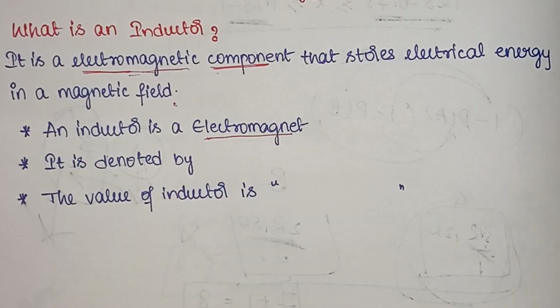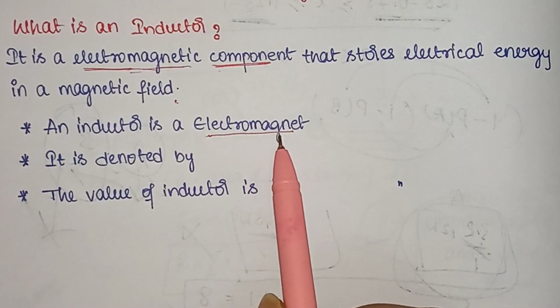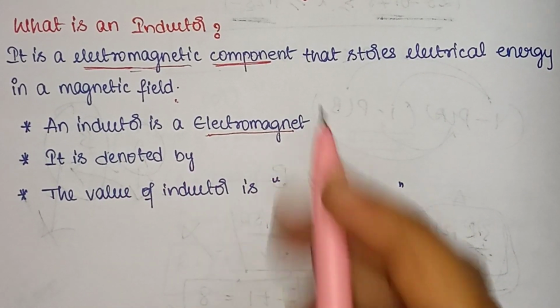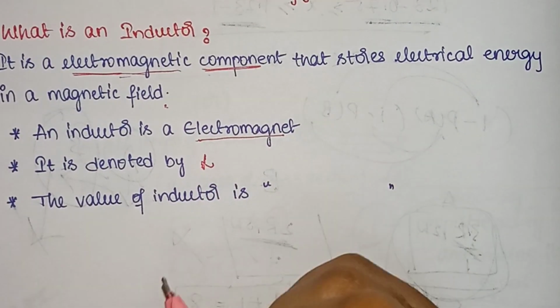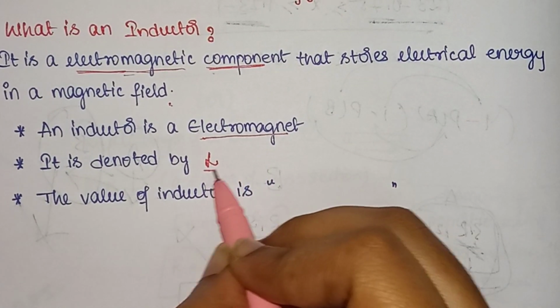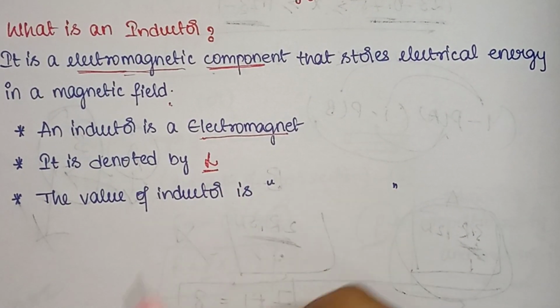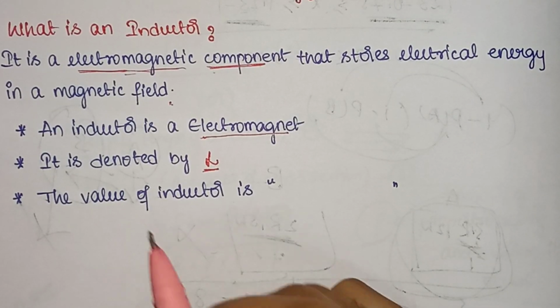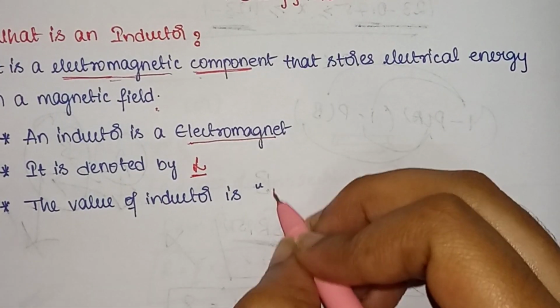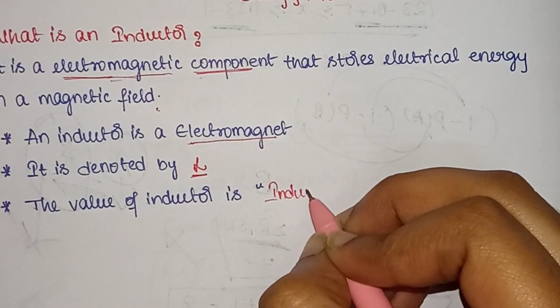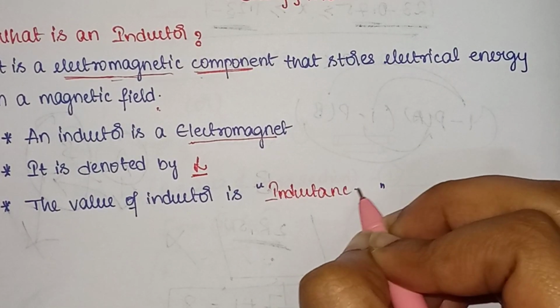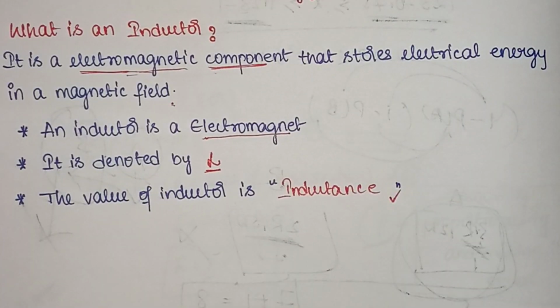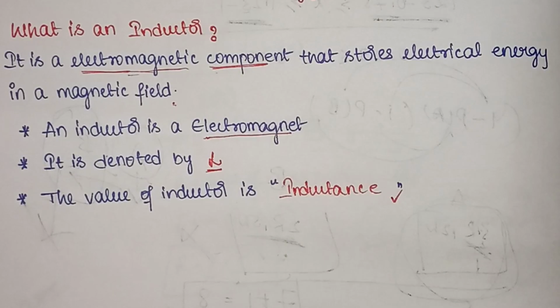And see here, an inductor is an electromagnet and it is denoted by letter L. This denotes inductance, or it can also be called an inductor. And the value of inductor is inductance. So this is the basic knowledge you need to have regarding what is an inductor.